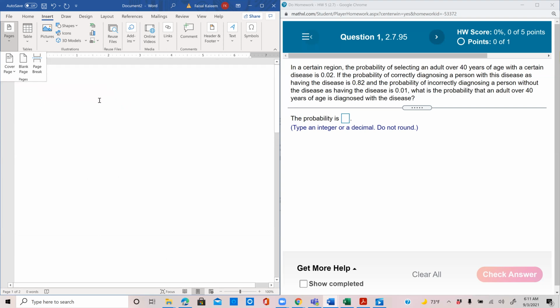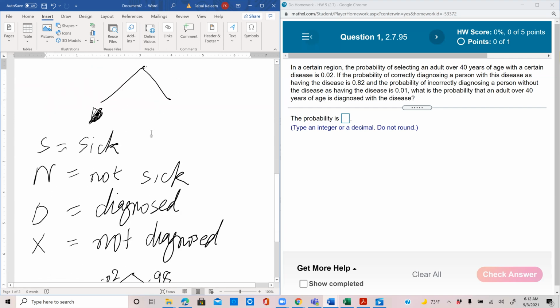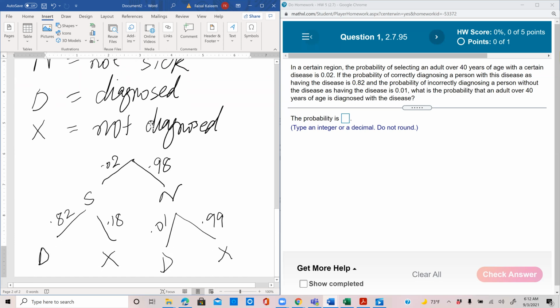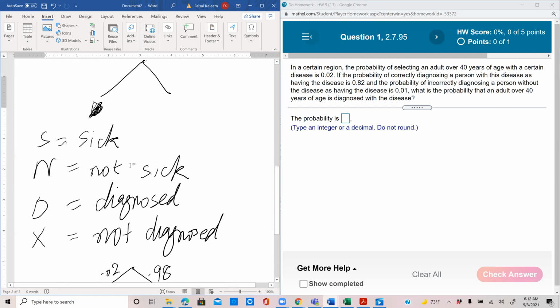Then we add up the other branches leading to diagnosis. The other one would be 0.98 times 0.01.